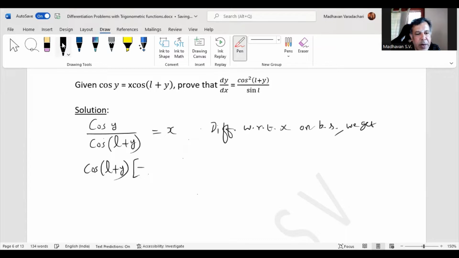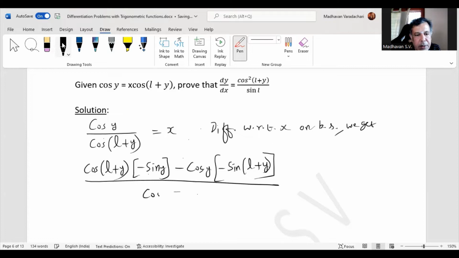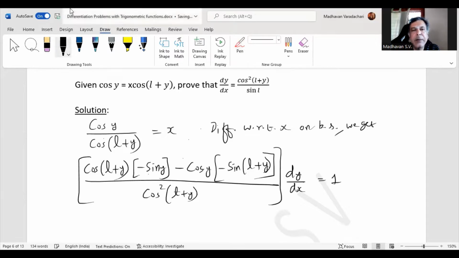If I differentiate cos of y, it is minus sin y, minus of the numerator, which is cos of y, and if I differentiate the denominator, it is minus sin of (a plus y), whole thing divided by cos square of (a plus y), times dy by dx is equal to 1.